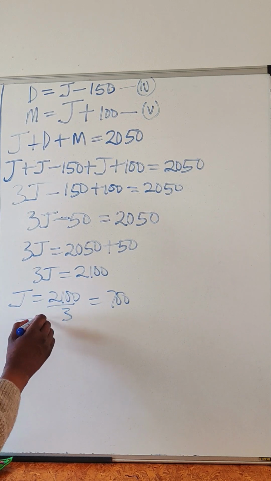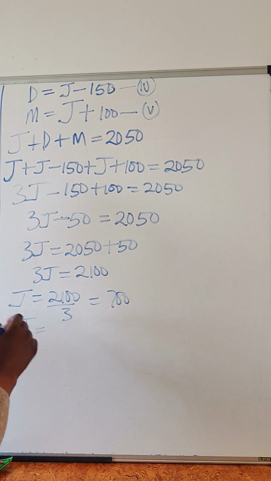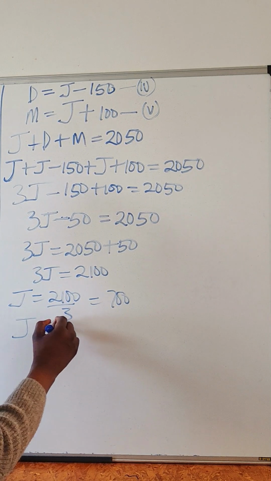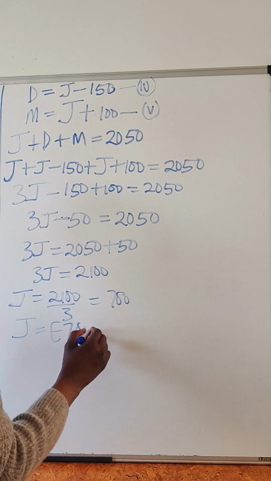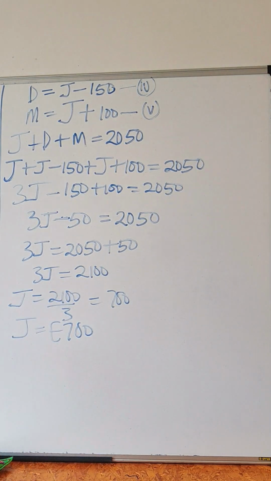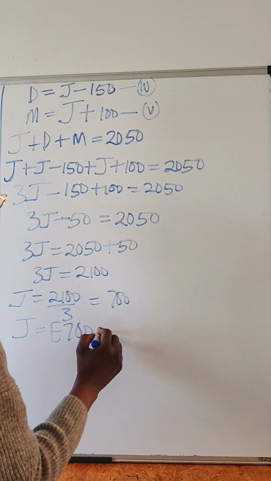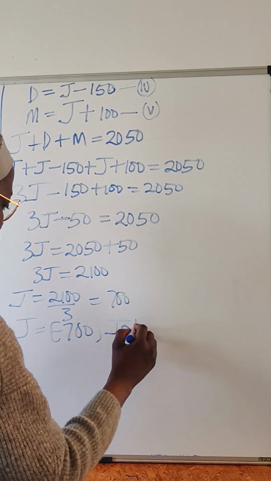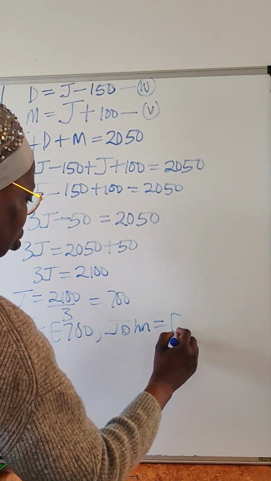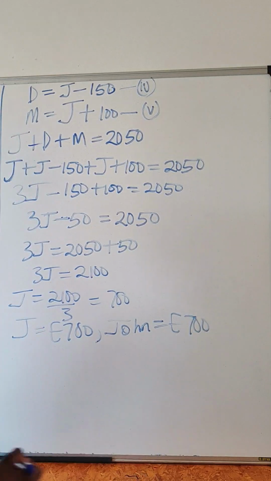So from the calculation, John earns £700 per week. The question says, how much does each boy earn per week? We've been able to get the one for John, which is £700.